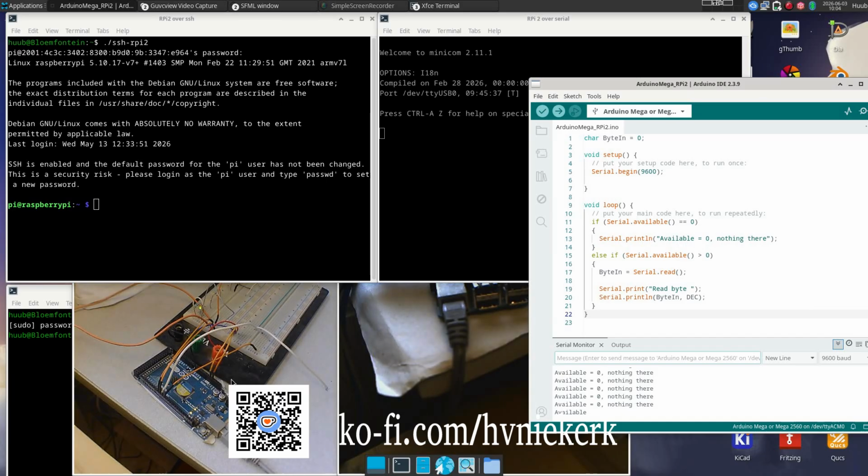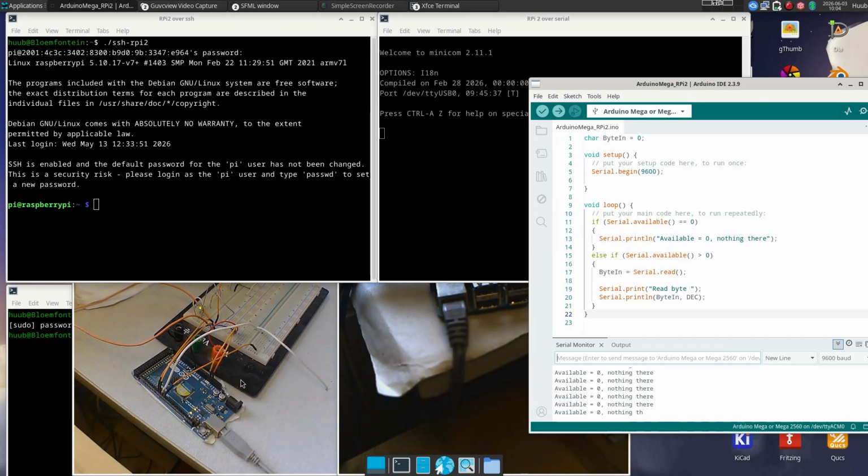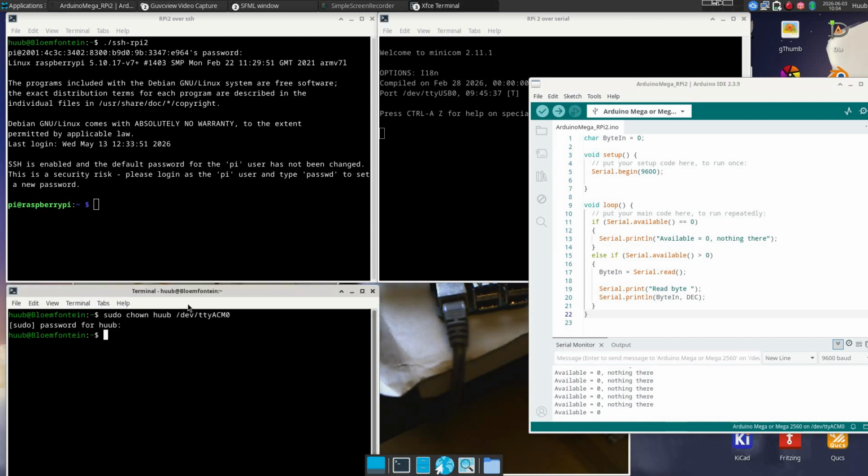So, Linux being Linux, I had to change ownership, because I had no ownership of this board, this device, because this device is for Linux equal to the board. Once I had changed ownership, I could connect.